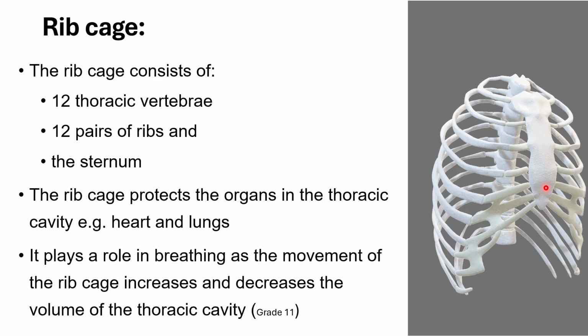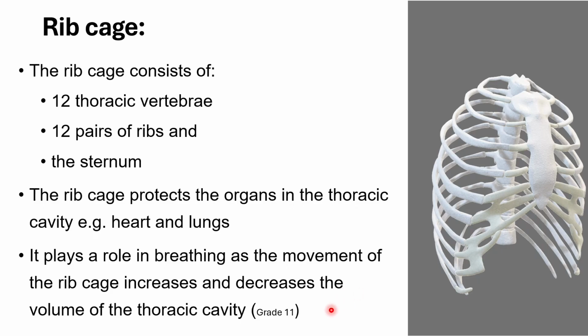We can understand that because right behind it is your heart, so it needs to protect your heart. Besides the heart that is protected by the sternum, our ribs protect our lungs as well. The rib cage also plays a role in breathing, as the movement of the rib cage increases and decreases the volume of the thoracic cavity.